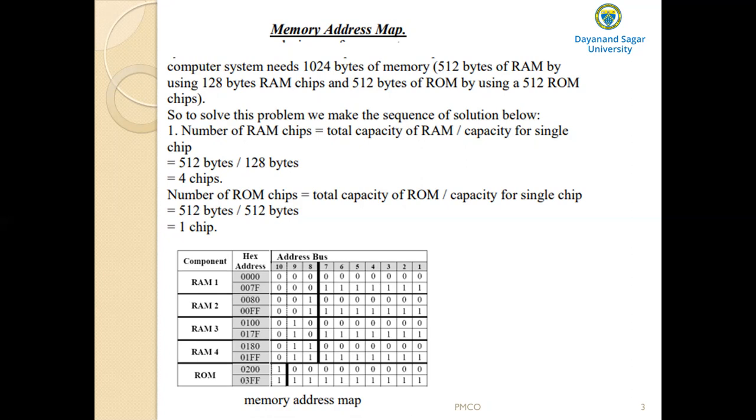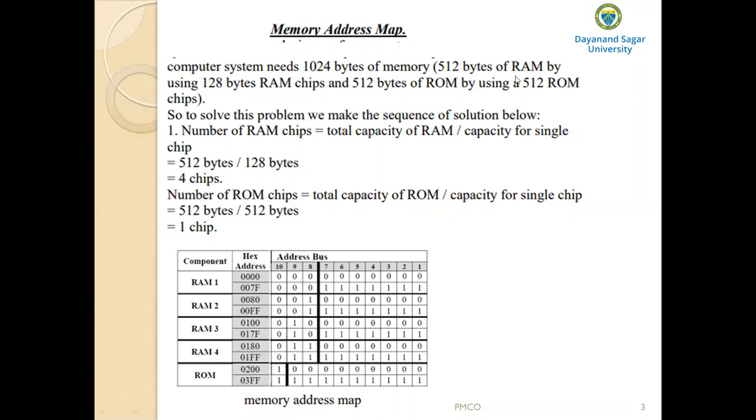To demonstrate the memory address map, let us consider one particular example. Assume that your computer system needs 1024 bytes of memory. Assume that your application requires 1024 bytes of memory. Then how do you choose the RAM and ROM chips?